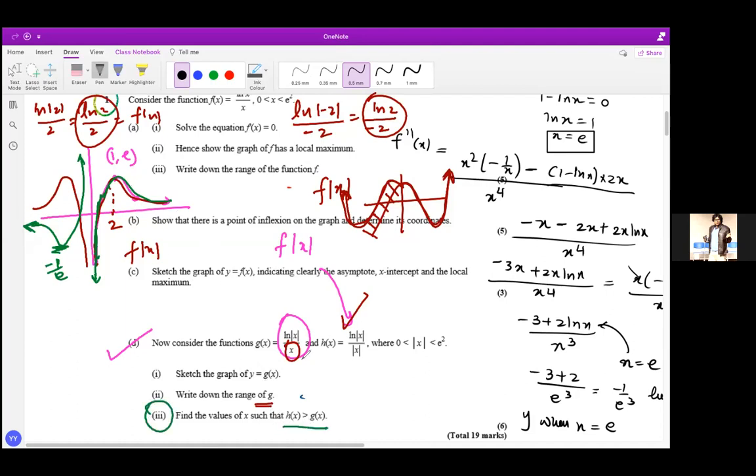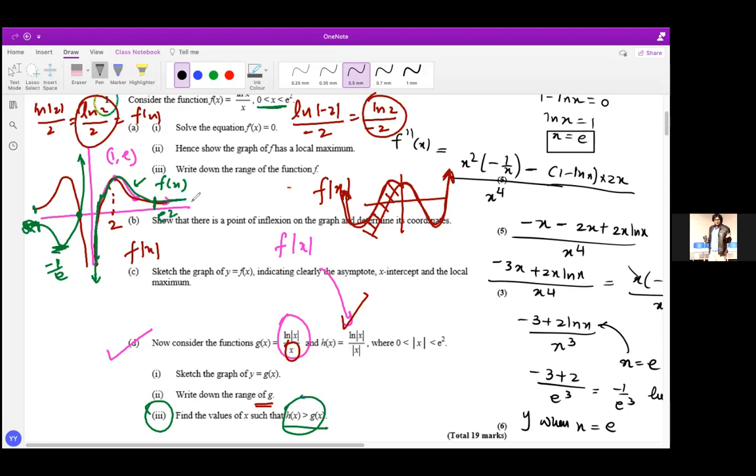My h of x function is the original function that you can see here, and g of x is the function in green. I have to find where h of x is strictly greater than g of x. You can clearly see that this is happening only between here and this point. This is not extending all the way to the left because they have fixed the limits here. So this is until e squared.